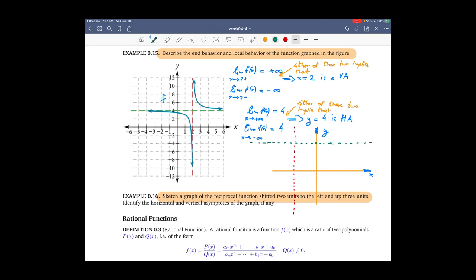So this y-intercept is 3, and this x-intercept is -2. And then the graph will look exactly like the reciprocal function.